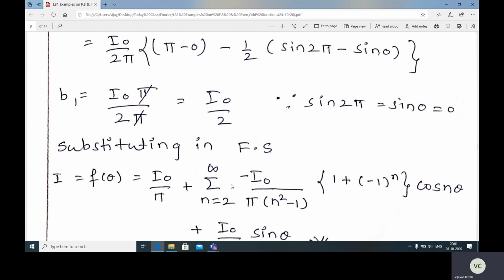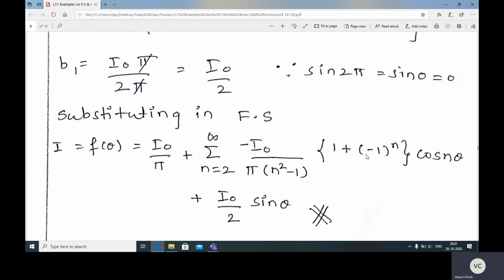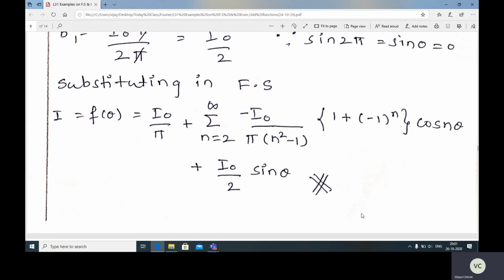So n is equal to 2 to infinity, minus I naught divided by pi into n square minus 1, 1 plus 1 minus 1 raised to n cos n theta plus I naught divided by 2 sine n theta, because Bn is 0 but V1 is equal to this. So this is the required answer.